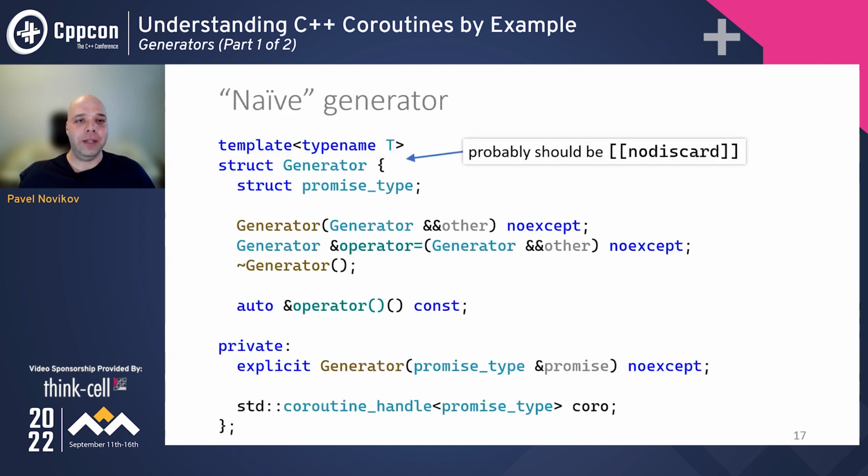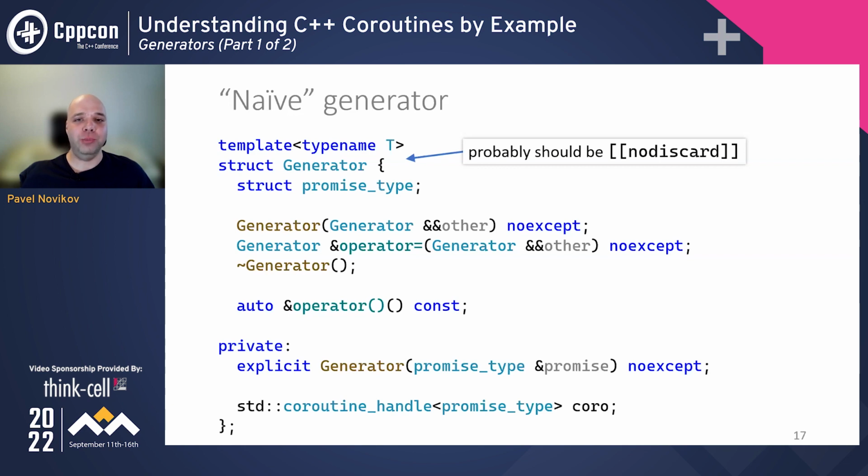Okay, let's define our generator type that we use as a result type. And here is an overview of this type, and probably it should be nodiscard, because it doesn't make sense to call a coroutine function to get a generator and then not use it, to just discard it.